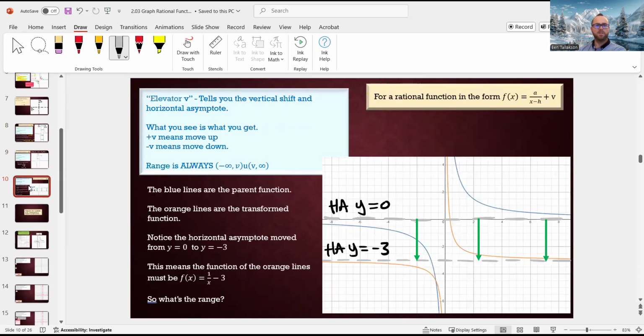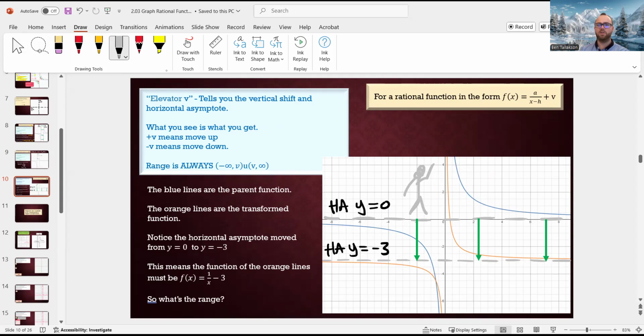All right. But what about our other friend, elevator v? Well, we see that guy at the end of the function right here, and we call our friend elevator v because it moves just like an elevator. Imagine you're standing right here. Hey guys, you're at ground level, and whatever you see is what you get.